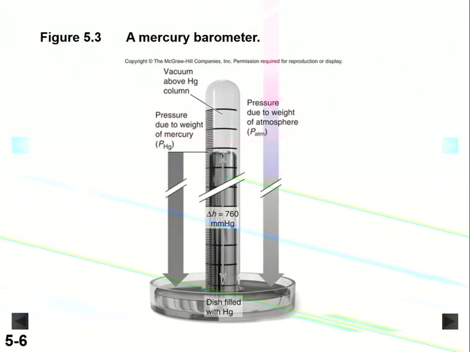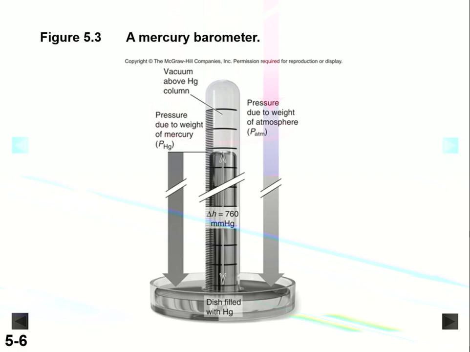We measure pressure in a couple of ways. We have barometers and we have manometers. Now, a barometer is used to measure the pressure in the local environment, that is, the atmospheric pressure. And the way this is measured very often is with a mercury barometer.